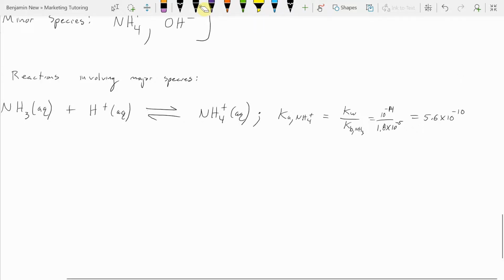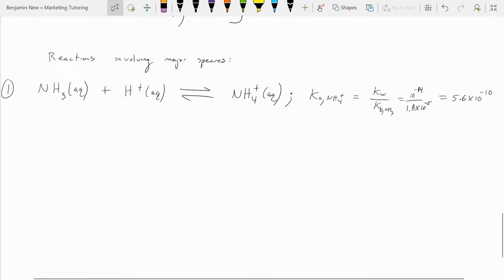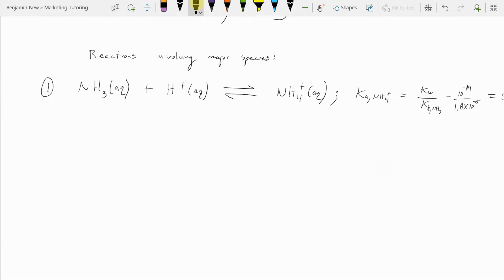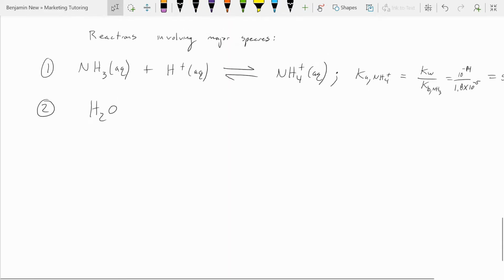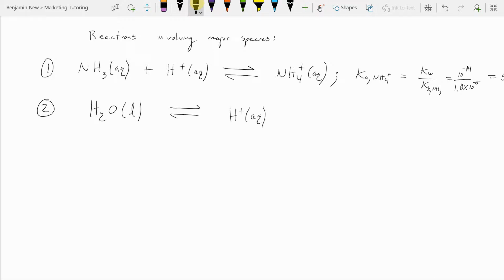That's approximately 10 to the minus 9 if you round that up. So it's still a very tiny number. The water dissociation reaction, since that's the other major species, you have another one that's water. And similar to before, this reaction will be insignificant because the Kw is so small.